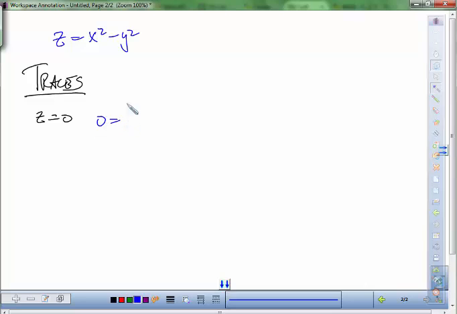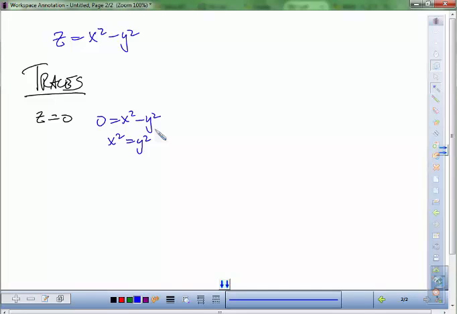And what's going to happen when z is equal to 0, you're going to take your equation and put 0 in for z, and then try to see what the resulting graph is going to look like. So this might look a little complicated, but if you bring everything to one side, you get x squared is equal to y squared. And if you do that square root business, this is one of those cases where when you take the square root, you have to consider the plus and minus.